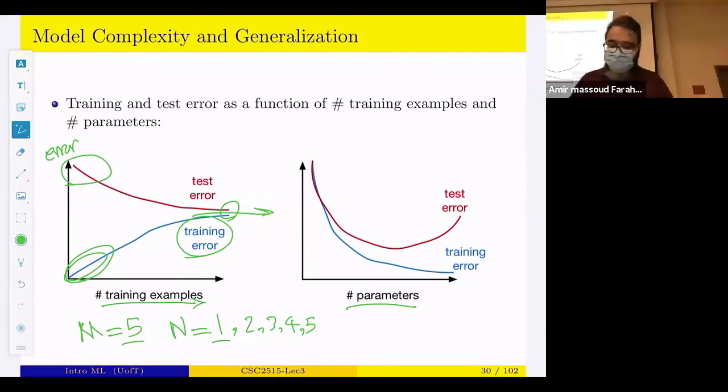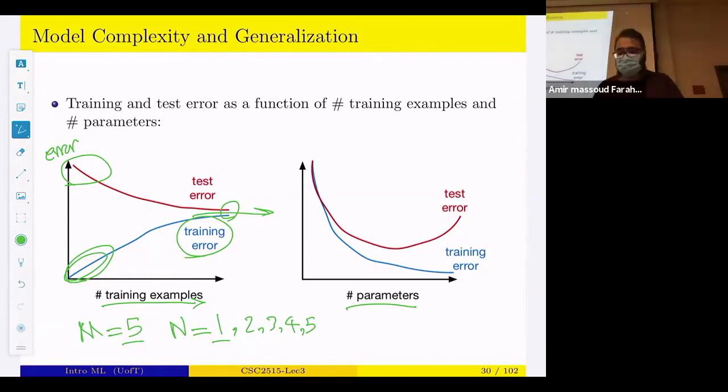Yeah. So okay, maybe I should say it like this. These figures approximate what's happening. The details depend on the specifics of the model. But the general idea is that when you have more training data points, your testing error starts decreasing.